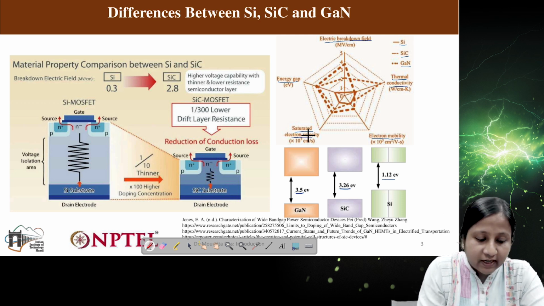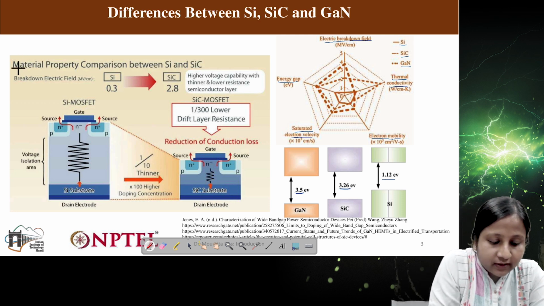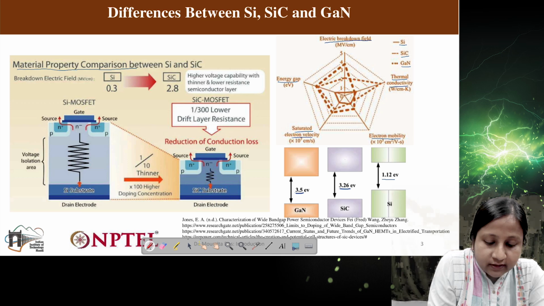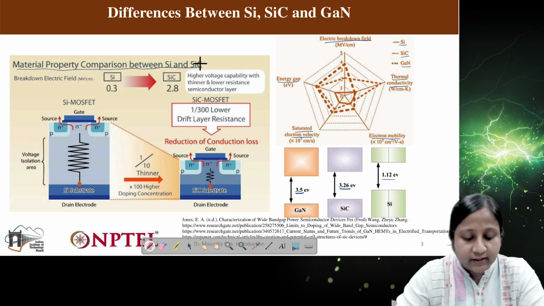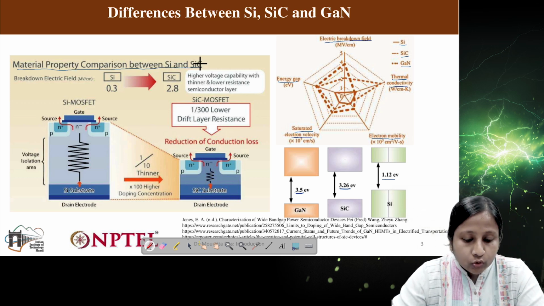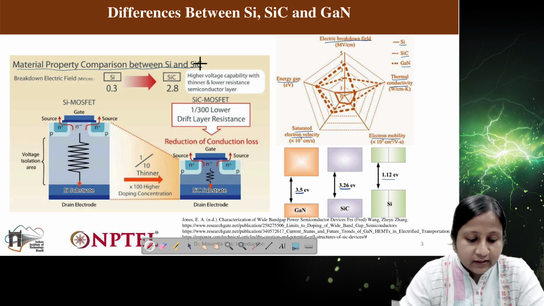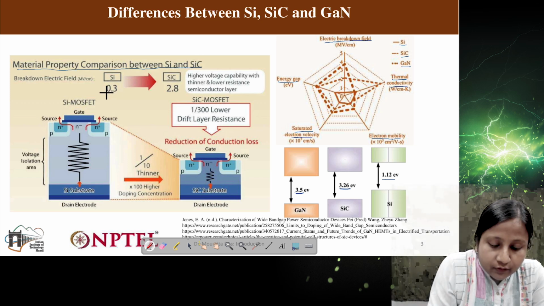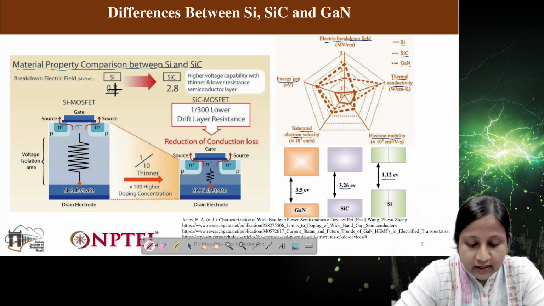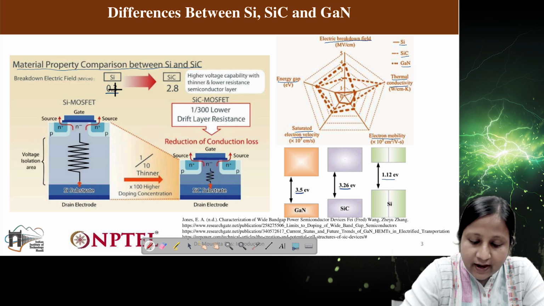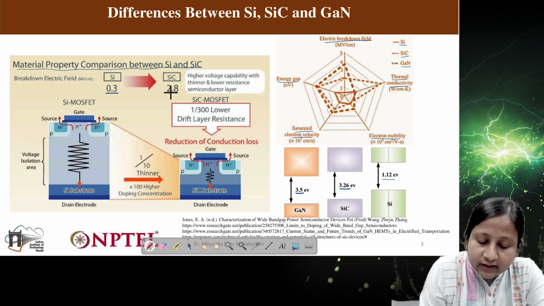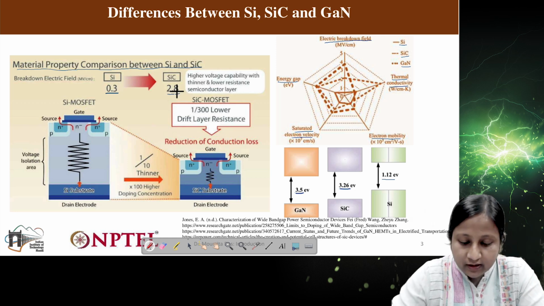So on the left-hand side you can see a material property comparison between silicon and silicon carbide. The breakdown field for silicon is given as 0.3, whereas silicon carbide can have 2.8.